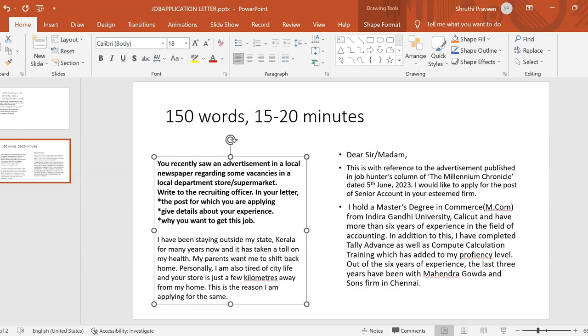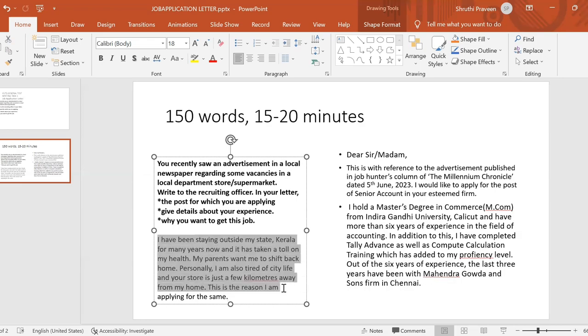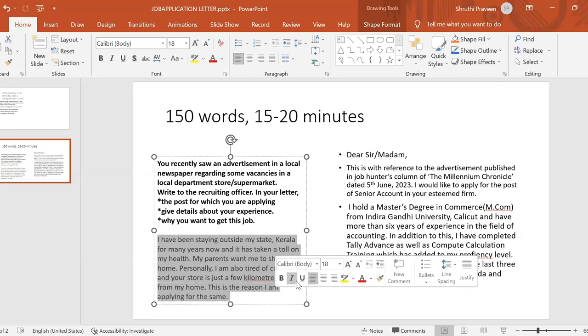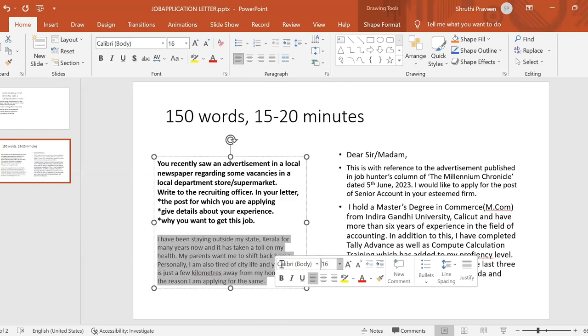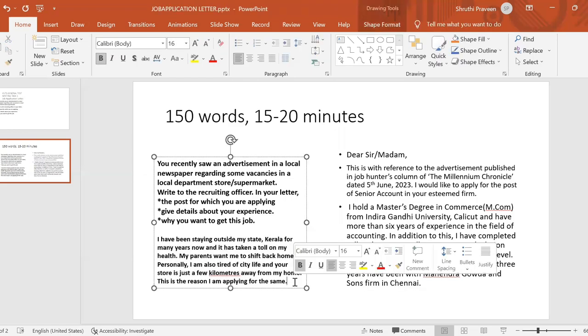Now, one thing to always remember while writing a job application letter is how you conclude it. You have to always enclose your resume and certificates to the firm that you're applying the job to. So that is the reason I'm applying for the same.